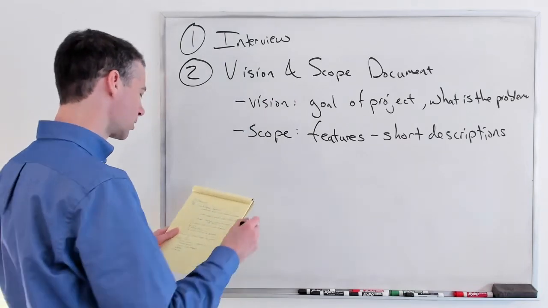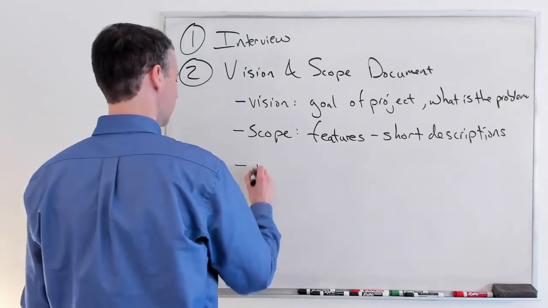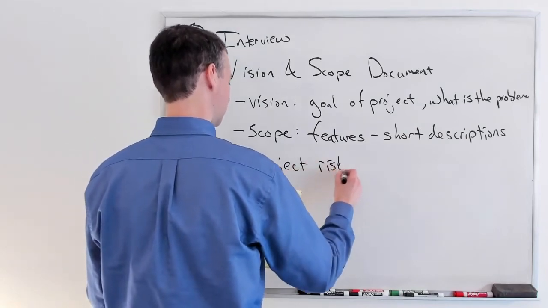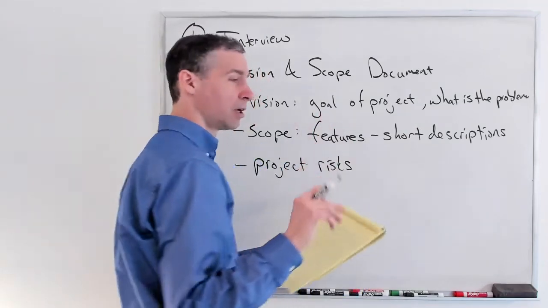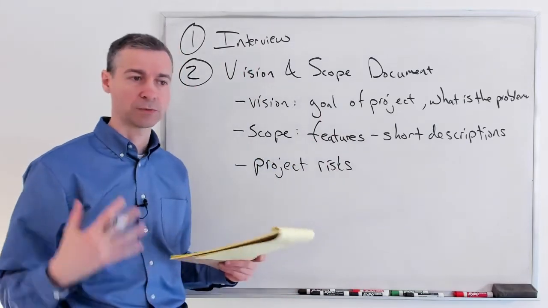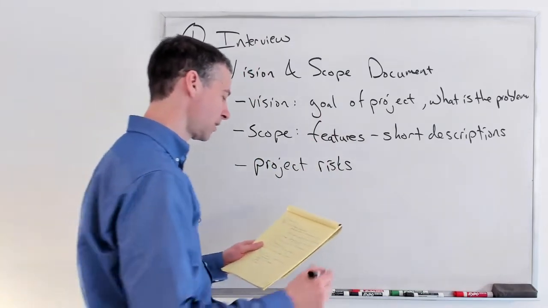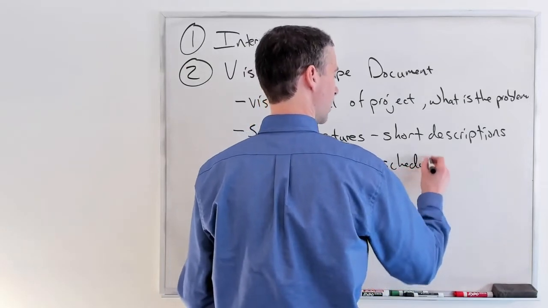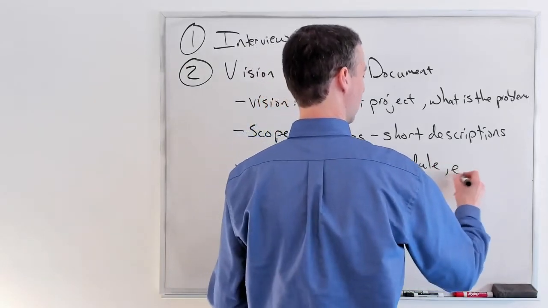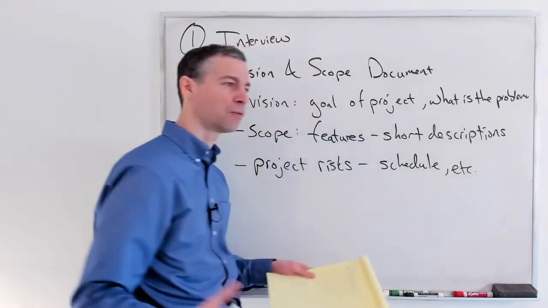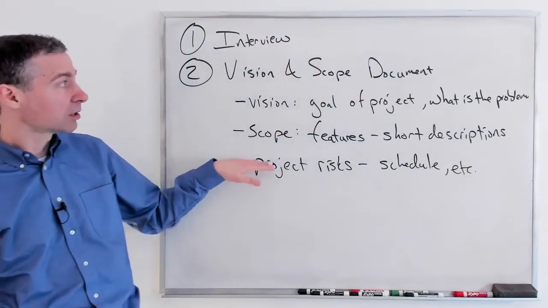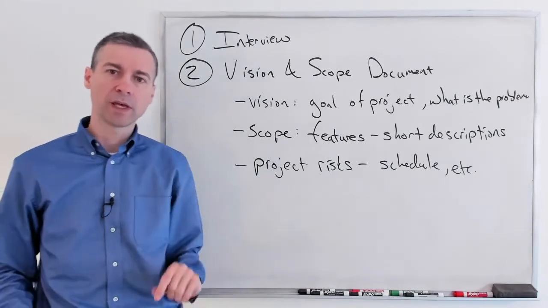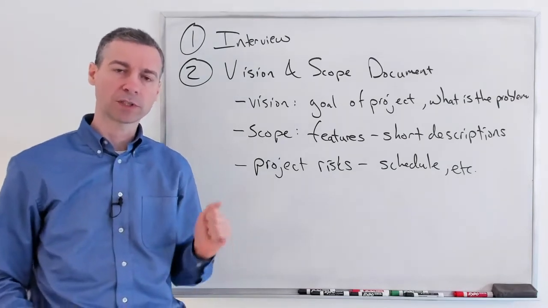You're also going to put in the document things such as project risks. Now, this is not risks in the notion of risks to people and loss of life. This is risks to things like schedule and delivery and so forth. In the plan and document world, you're always thinking about what could delay and cause problems with this project.